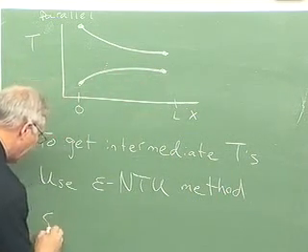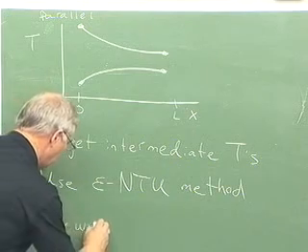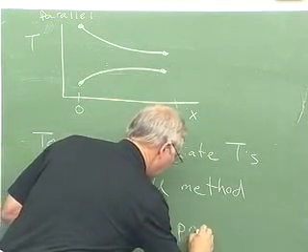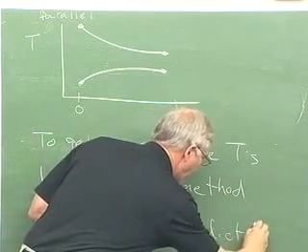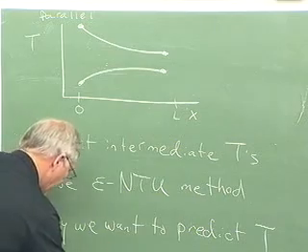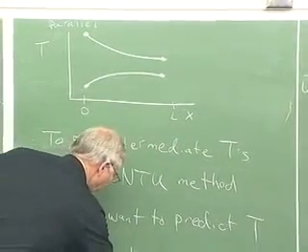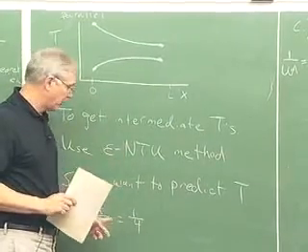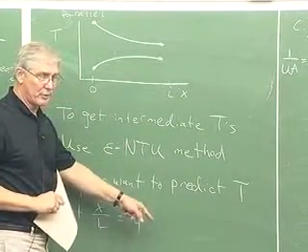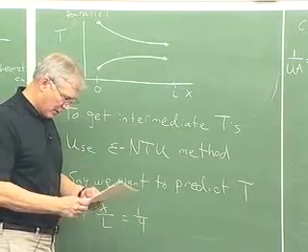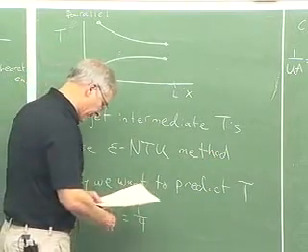Let's say we want to predict the temperatures at X over L equals 1/4. Okay, so in our lab, the lab asks us to predict the temperature at X over L at 1/4, 1/2, 3/4. I'll show you how to do it at 1/4, and then we'll do the rest of them.